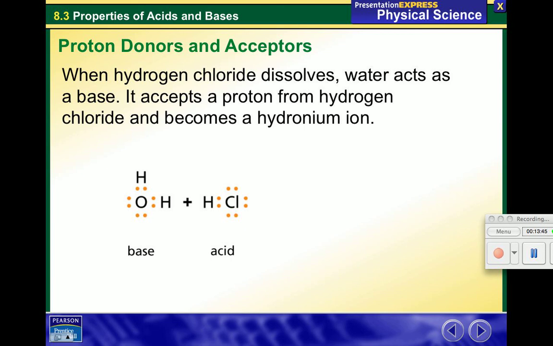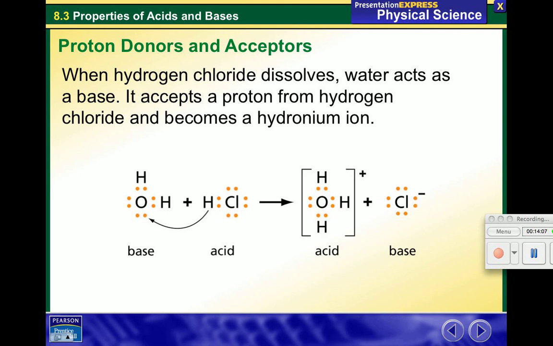So I am donating this hydrogen, donating this proton to water to form the hydronium ion. And the water is then accepting the hydrogen, accepting the proton, so it can be called a base. So this is a base, this is an acid.